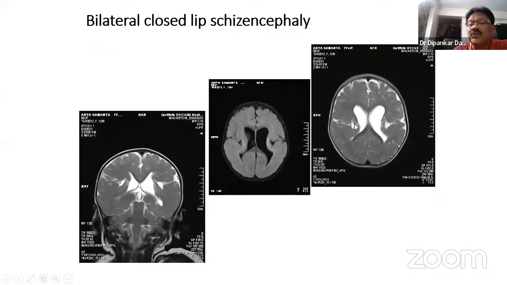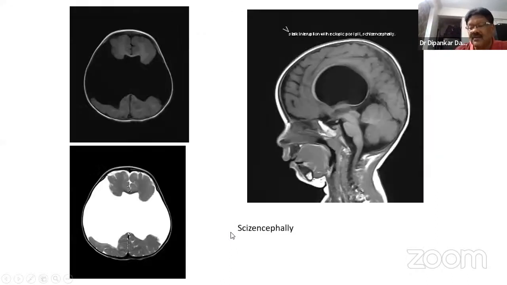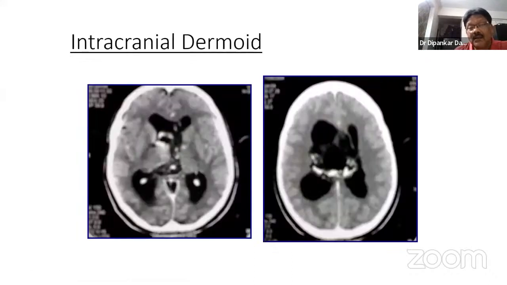See, this cleft is closed and extending from the cortex to the ventricular surface. This is a characteristic feature of schizencephaly, that the cleft extends up to the ventricular surface. So these are bilateral. This is another bilateral open lip type of schizencephaly. So these are the open large CSF clefts communicating with the ventricles.